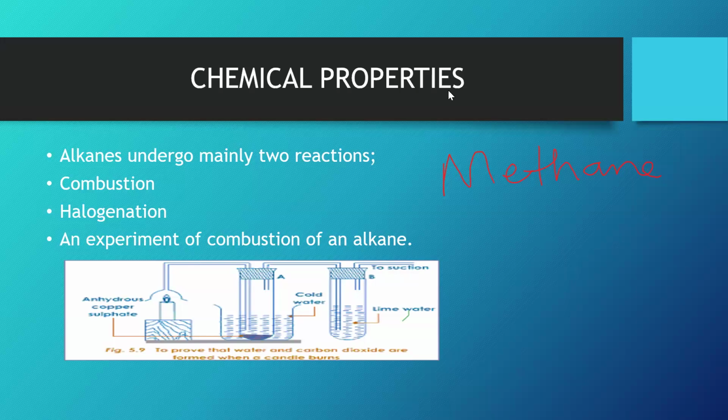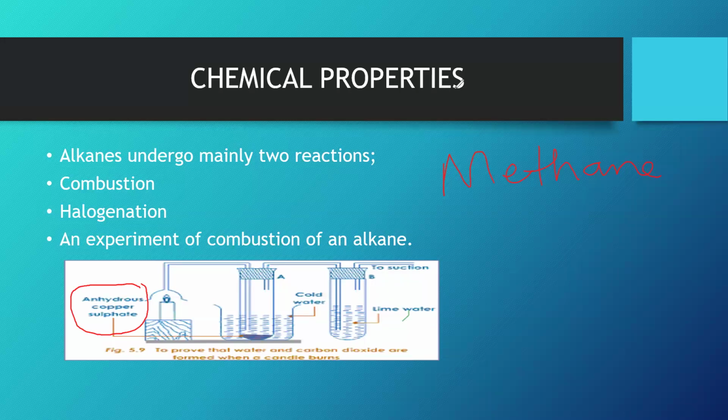And that is why in our next container here, you realize that we have anhydrous copper 2 sulfate. Who can remind me what anhydrous copper 2 sulfate tests for? Which chemical substance do we test its presence using anhydrous copper 2 sulfate?